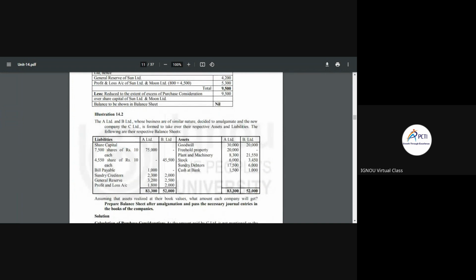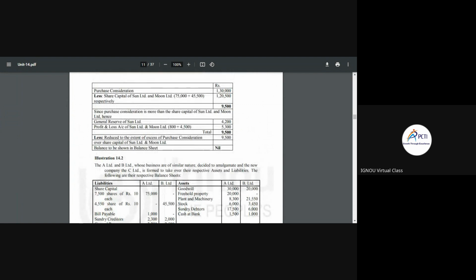How can we verify this? The purchase consideration is 1,30,000. Then we deduct the share capital of Sun Limited and Moon Limited, that will be 75,000 plus 45,500, which is 1,20,500, and after deduction we get 9,500. Since the purchase consideration is more than the share capital of Sun Limited and Moon Limited, the general reserve will be 4,200 and the profit and loss account of Sun Limited and Moon Limited will be 800 plus 4,500, that is 5,300.